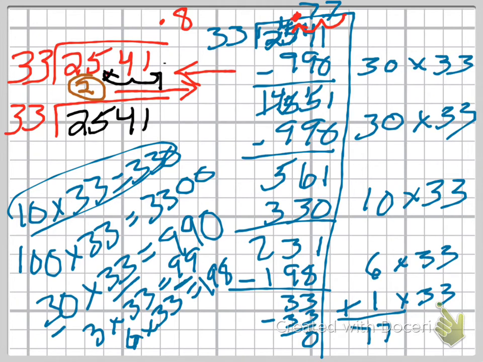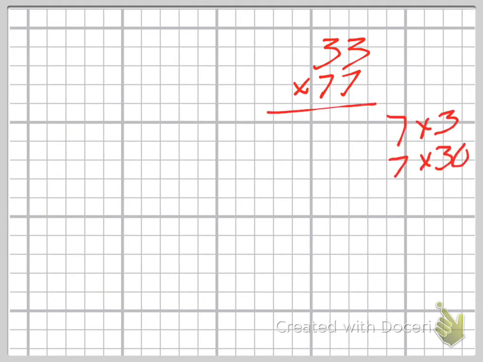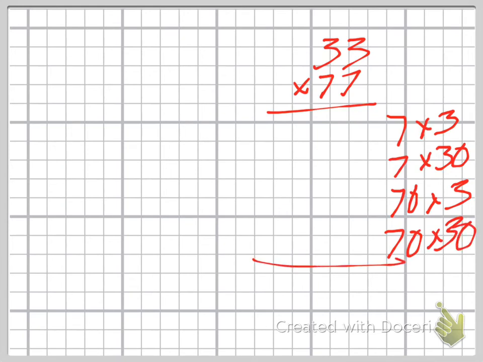I'm going to do them both, just for you. 33 times 77. 7 times 3, 7 times 30, 70 times 3, 70 times 30. 7 times 3 is 21, power of 10, 7 times 3 is 21, so it's 210. Oh, this is the same thing. Basic fact, 7 times 3, 2 powers of 10.